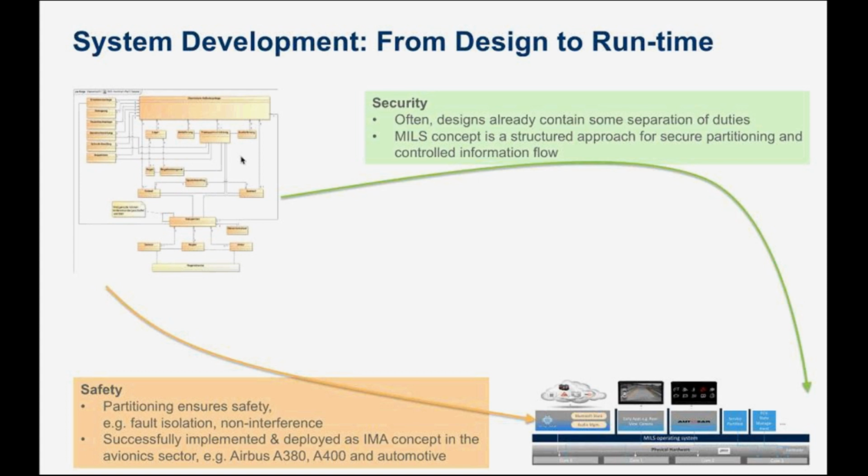Some of them in avionics, such as the IMA concept. IMA is integrated modular avionics, especially the way that avionics engineers integrate many different functions into their designs. We see this implemented, for example, in the Airbus A380 and A400, but also in several automotive projects.